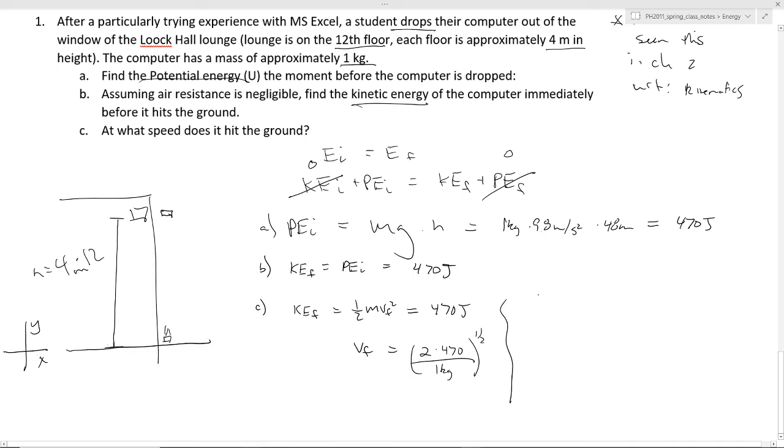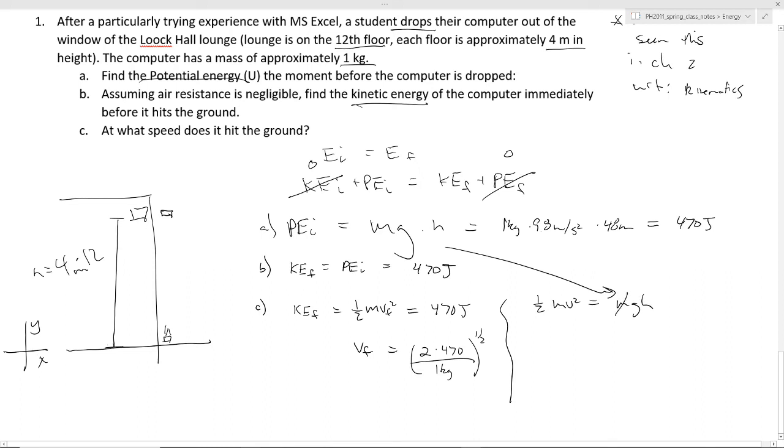Alternatively, we know that our kinetic energy 1/2 m v final squared is going to equal the potential energy initial. The potential energy is this, in other words, mgh.